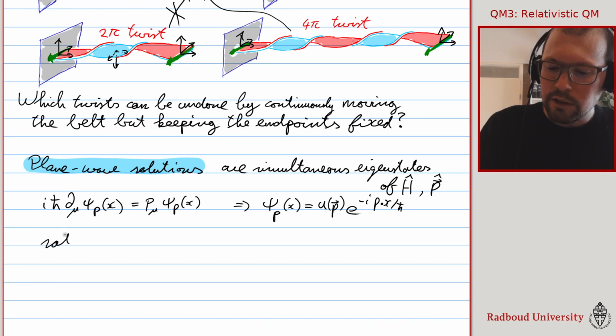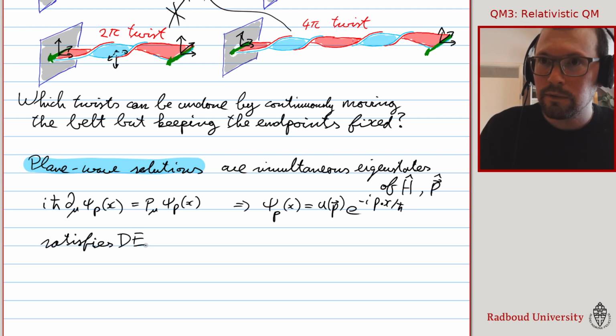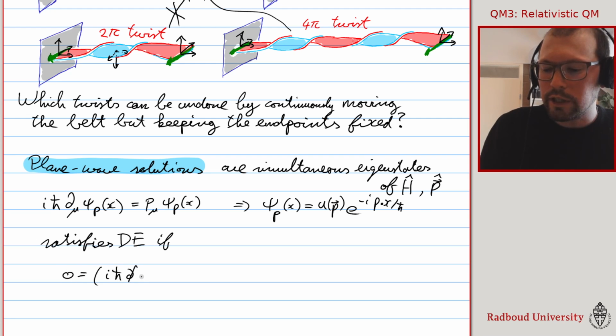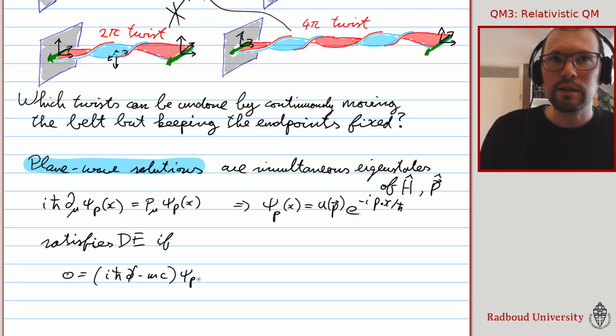Now this satisfies the Dirac equation if, well, let's see. So what was the Dirac equation? We wanted i h bar d slash minus mc acting on this wave function to give 0.